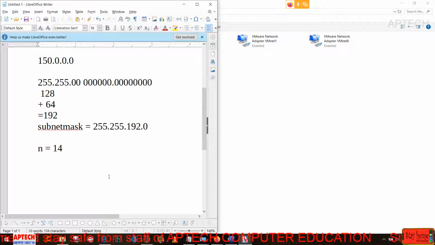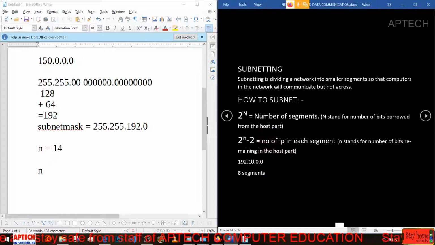So try to find 2. So n is equal to what? Do you remember the formula? 2^n minus 2 is equal to the number of hosts. Look at your screen. Yes.